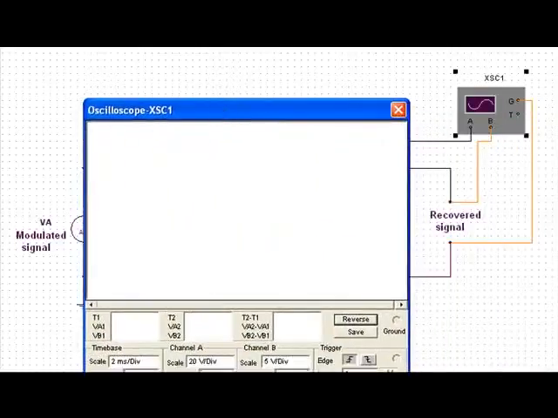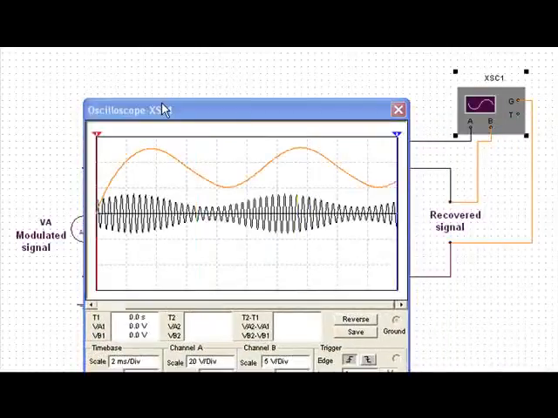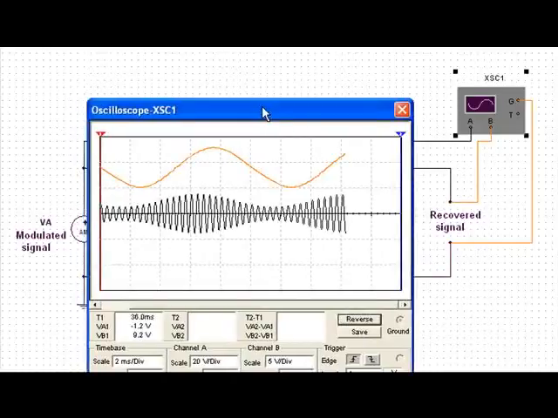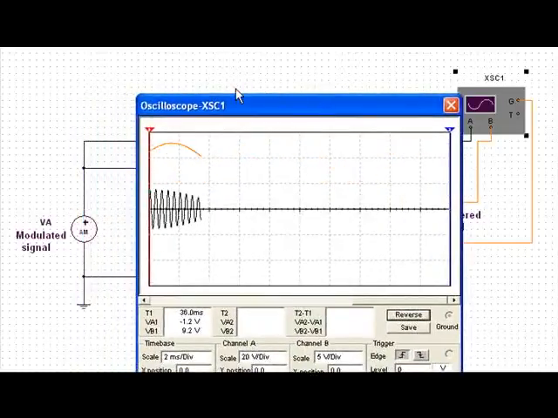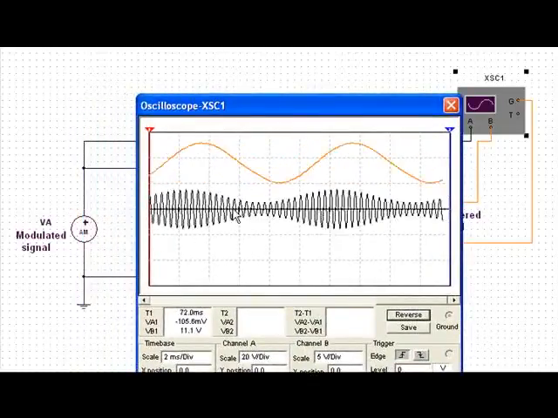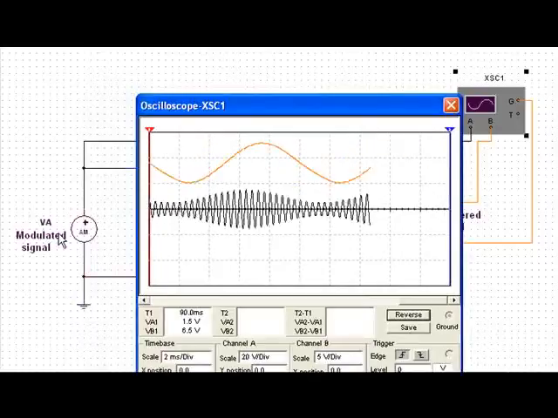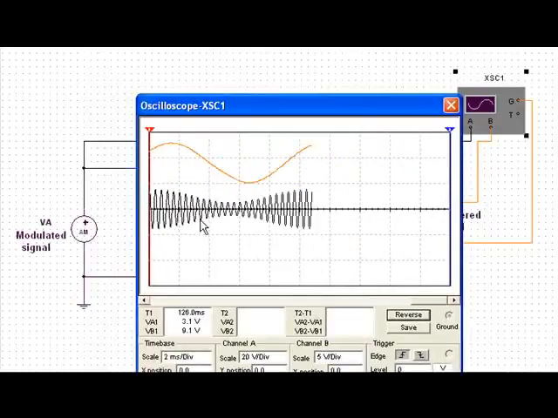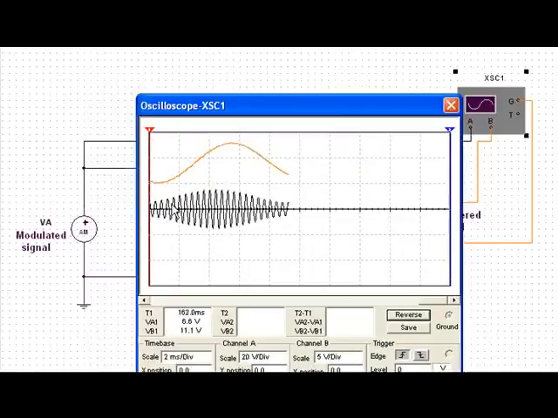Okay, so here's our oscilloscope. I need to turn the circuit on, and then here we have our waveforms. The first waveform, this is coming from our AM signal source. This would be, in essence, the transmitted signal coming from our AM signal source.